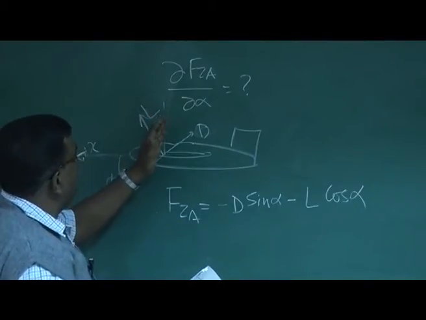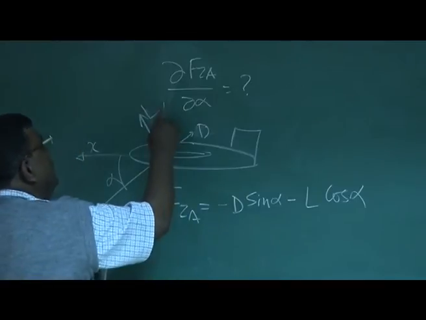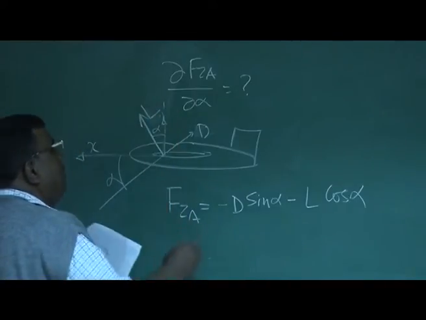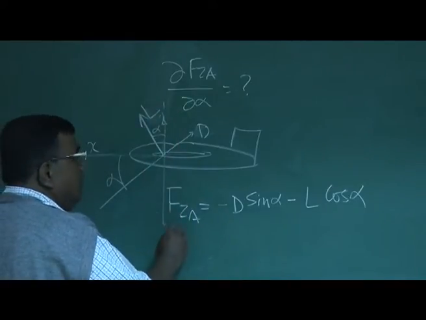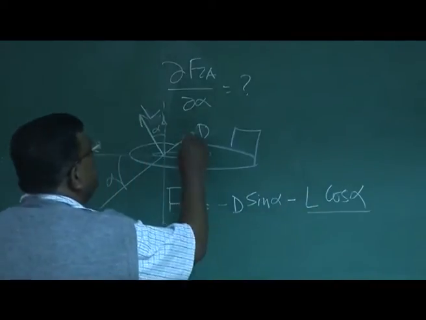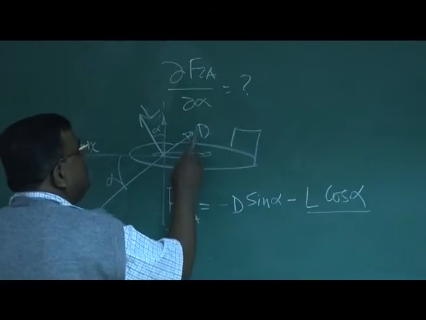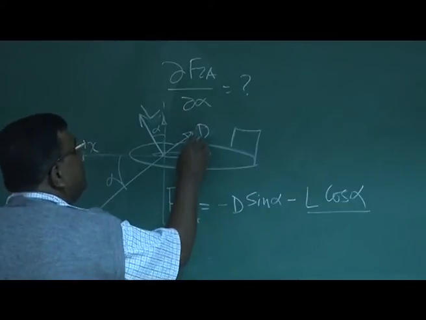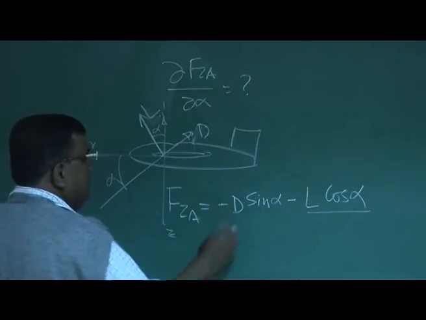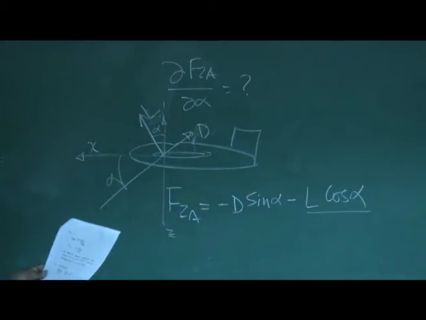L cos alpha is in the opposite direction of Z, so minus L cos alpha. Similarly for D, one component is upward, so it's minus D sine alpha. As simple as that.